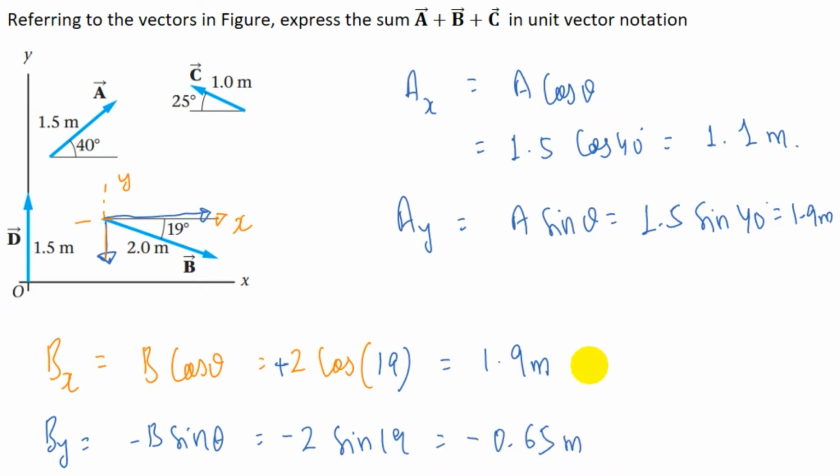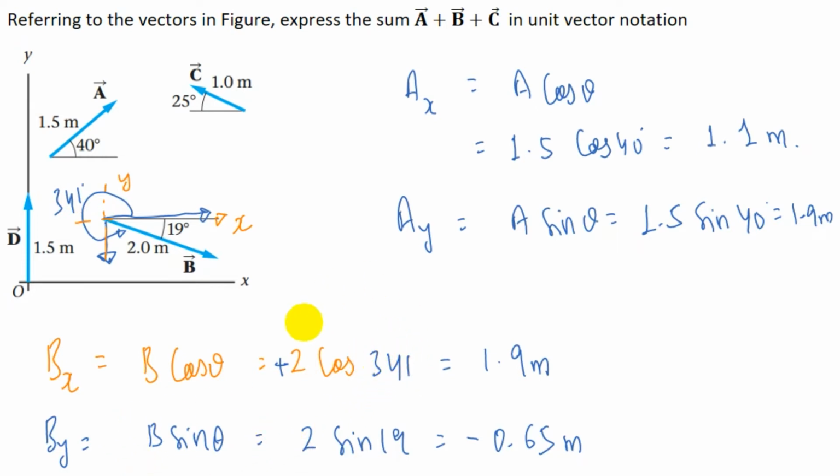This is the easy way, I think, but if you find this method a little tricky, you can always measure theta from the positive x like this, and this would be 341 degrees. So you can put theta as 341 degrees, and you no longer need to put the negative sign.